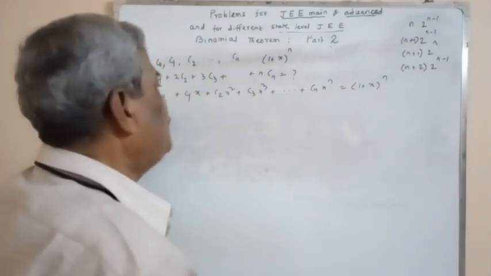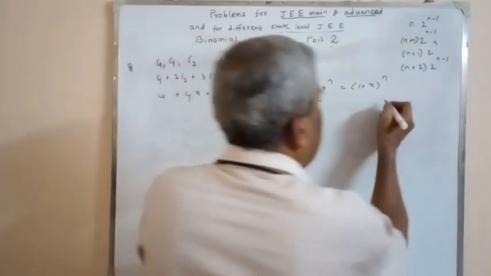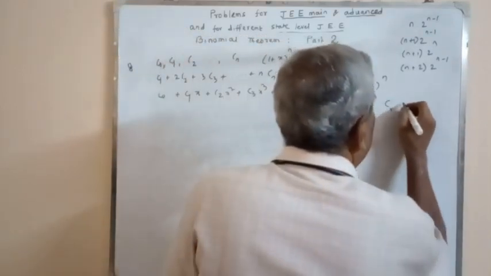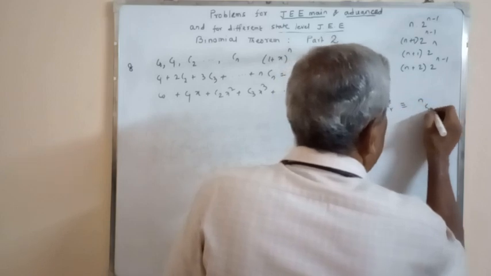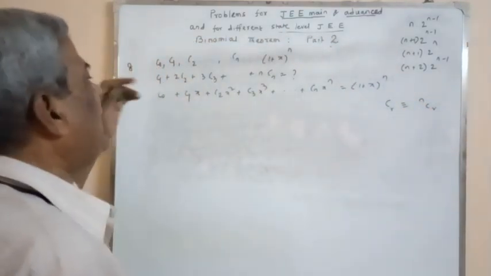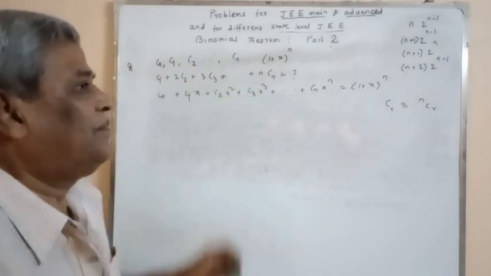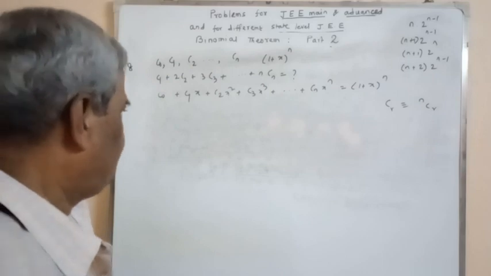Here C0 means nC0, C1 means nC1, that is Cr means nCr. So these are given. We have to calculate the value of that expression.